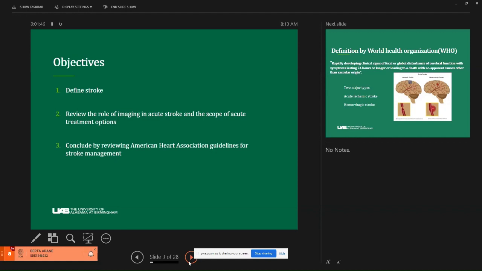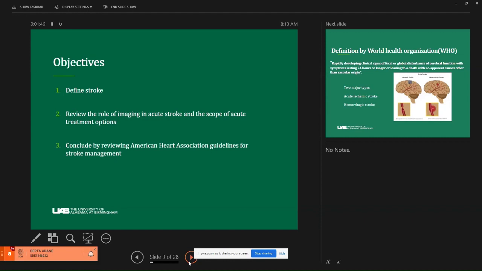There are two major types of vascular disorders. One is an ischemic stroke, where there's a thrombus or occlusion within a major cerebral vessel or even one of its branches. Ischemic strokes, as we know, constitute at least 70 to 80% of strokes.